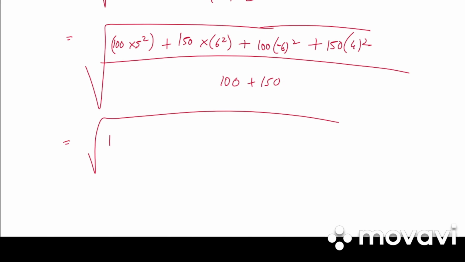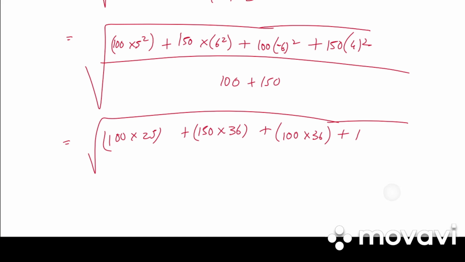So it is square root of 100 into 25, plus 150 into 36, plus 100 into 36 plus 150 into 16, divided by 250.